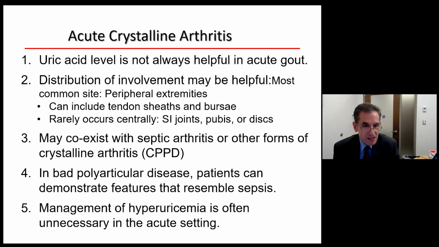Management of hyperuricemia is often unnecessary in the acute setting, but can be started after initial anti-inflammatory therapy has begun. There are some who advocate for the use of urate-lowering therapy earlier after the acute setting, and that is an area of ongoing discussion.